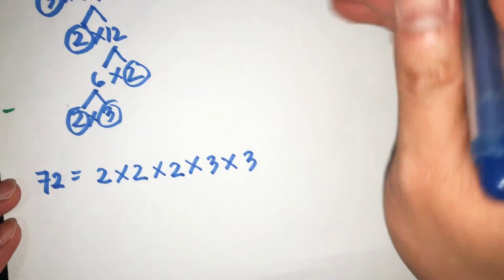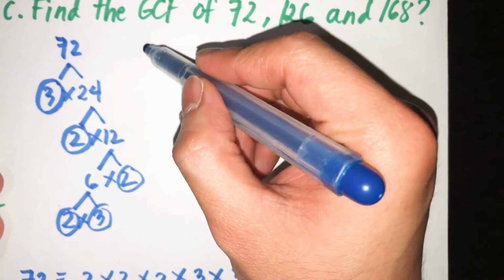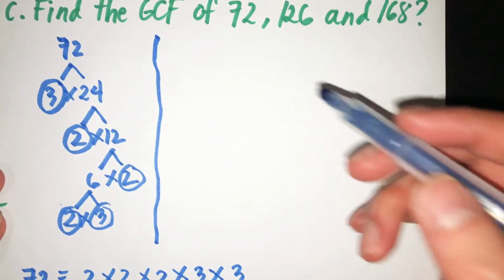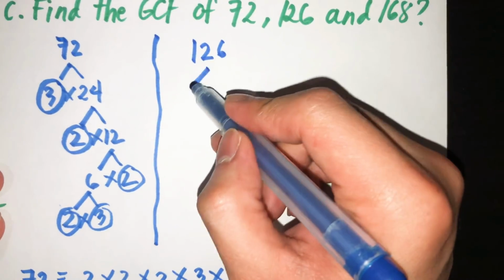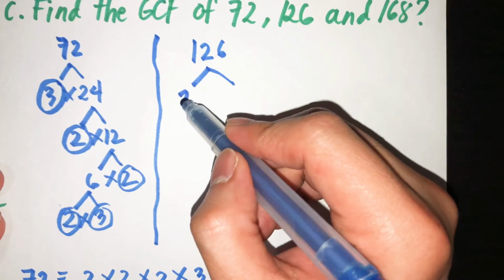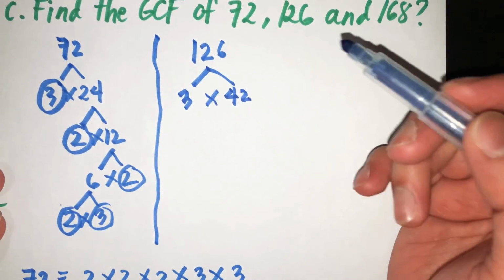Okay? Now let's go to the second one. We have 126. So we can have here 3 times 42.